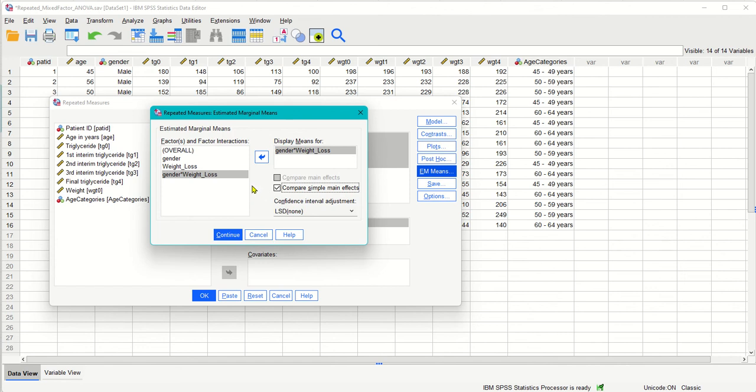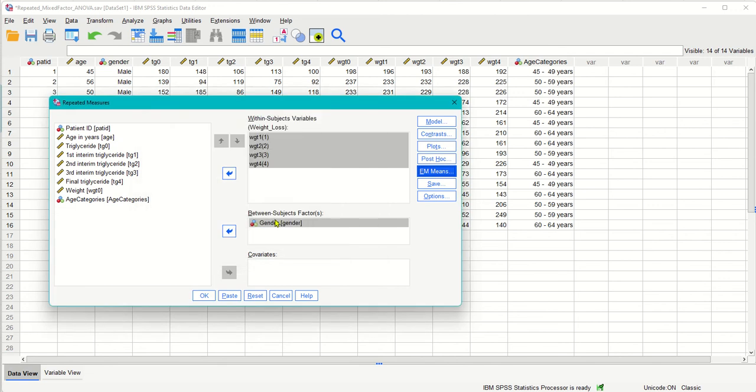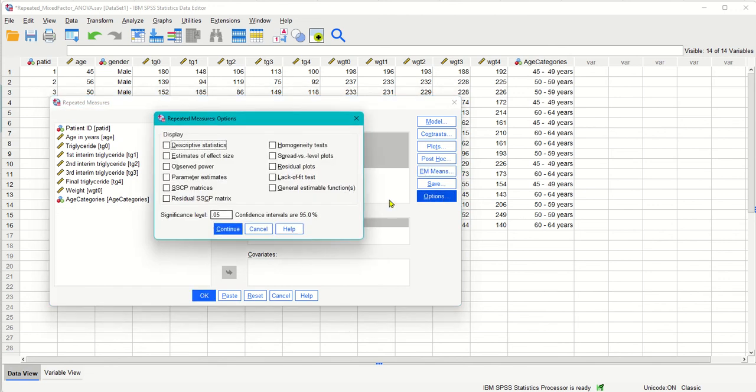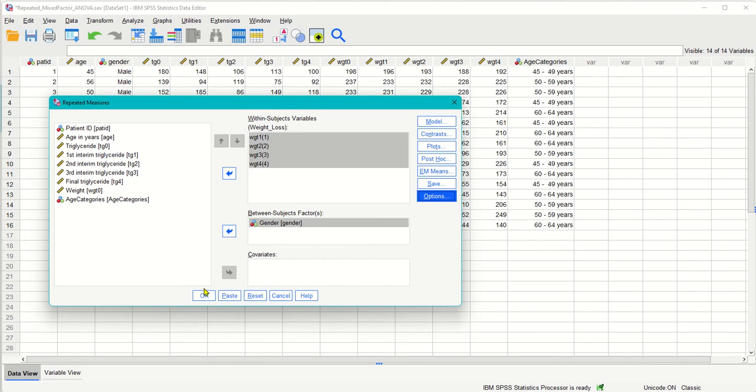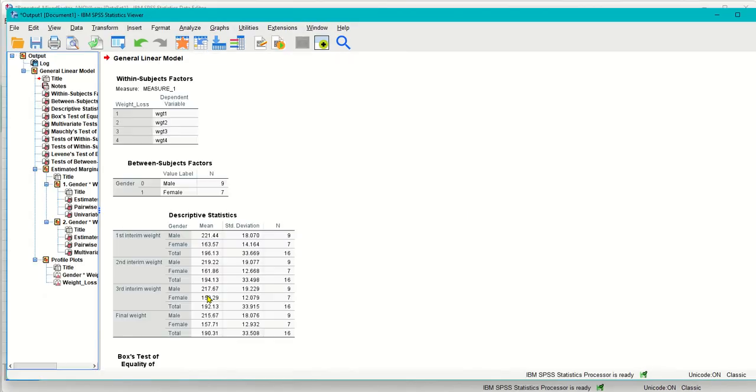So we would need to know this information if there is an interaction between our 2 independent variables. So click continue, and then click options, and we want descriptive statistics, estimates of effect size, and homogeneity tests. And then click continue, and then click OK.